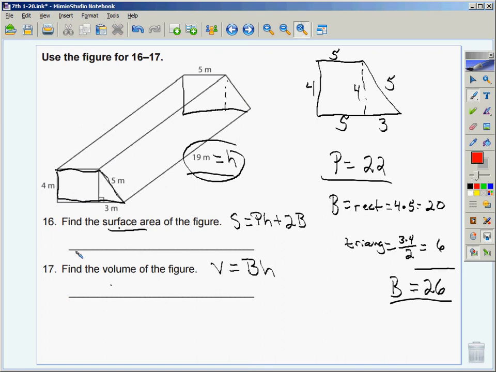P gets replaced with 22 times the height, 19, plus 2 times 26. When I work this out, it gives me 470. This is area. It was meters, so this is meters squared.